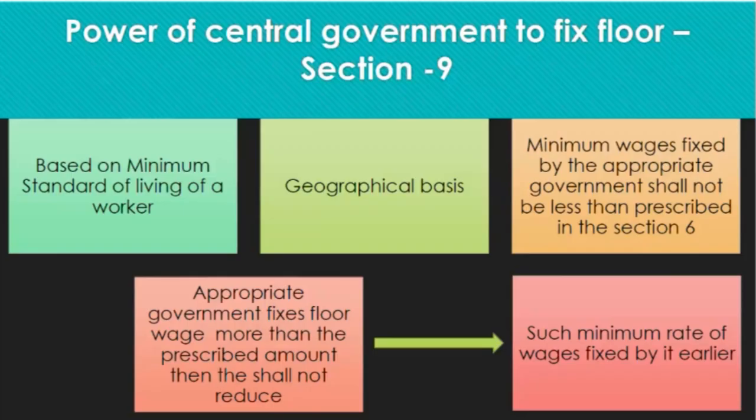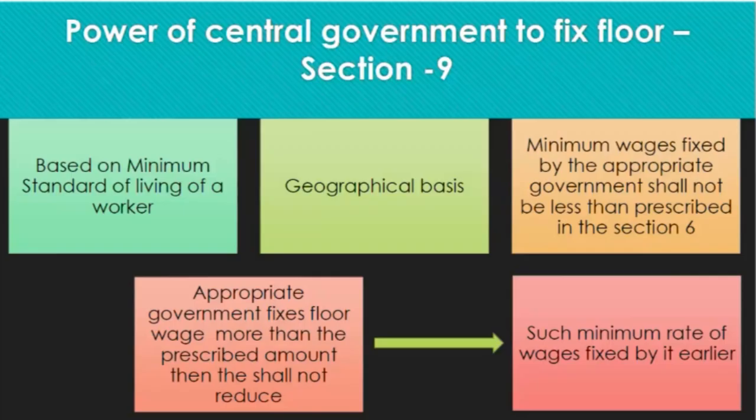After taking into consideration the geographical area and the minimum standard of living of the workers, a floor wage will be fixed. Okay, looking at the minimum standard of living, a basic wage for the entire country based on the geographical areas.